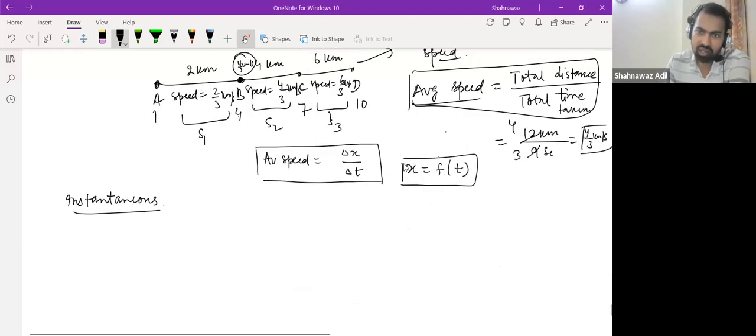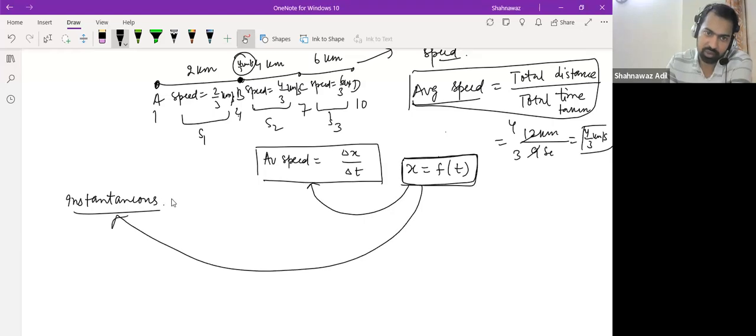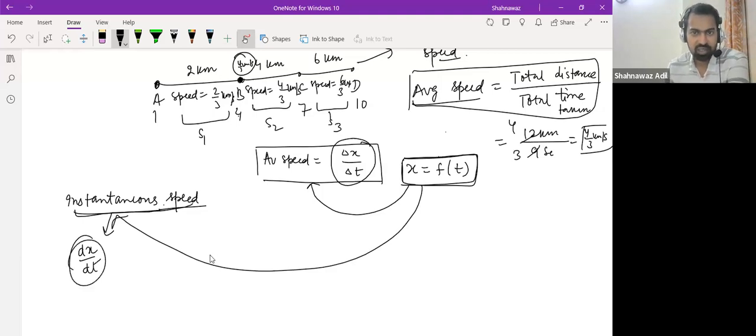So whenever you are given the parametric form, how can you calculate average speed, and how can you calculate the instantaneous speed? You calculate the average speed by this, and you calculate the instantaneous speed by dx by dt.